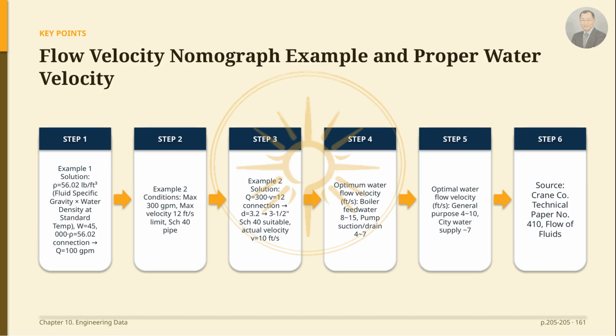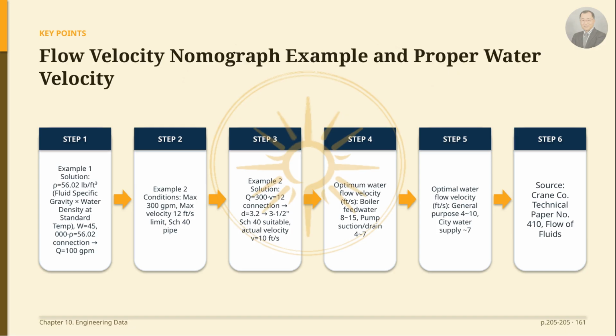In the solution for example 1, the density ρ is calculated as 56.02 pounds per cubic foot, which is the specific gravity of the fluid multiplied by the density of water at the same temperature. By connecting the mass flow rate W of 45,000 and the density of 56.02 on the nomograph, the flow rate Q is read as 100 gallons per minute.